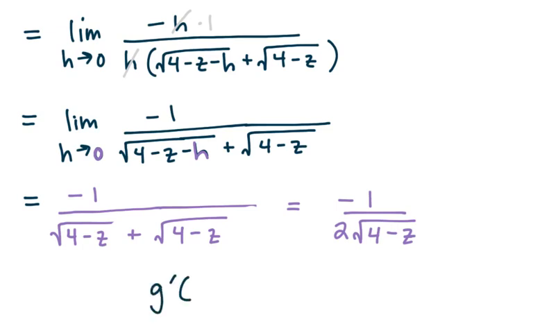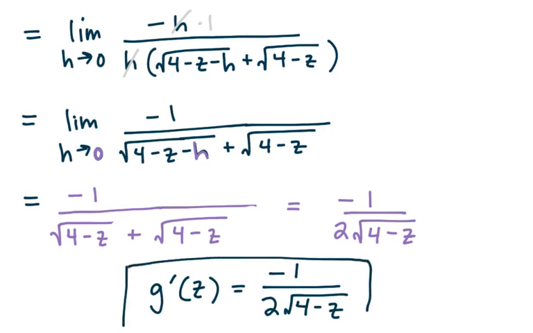So this represents my derivative. G prime of z, or w prime, or the derivative of w with respect to z, they all mean the same notation. What that's equal to is negative 1 over 2 times the square root of 4 minus z.